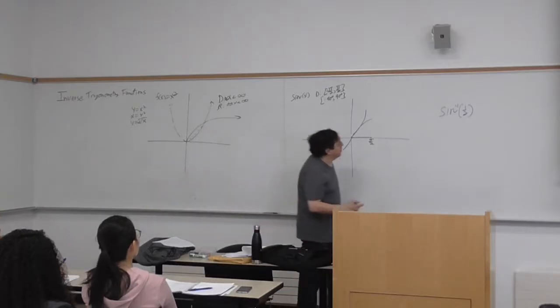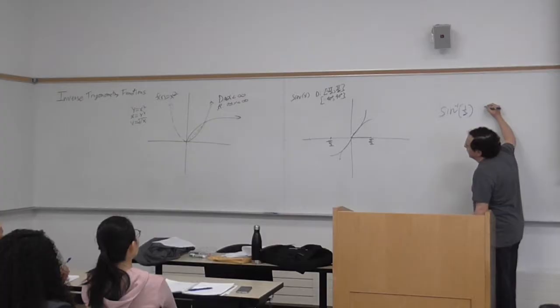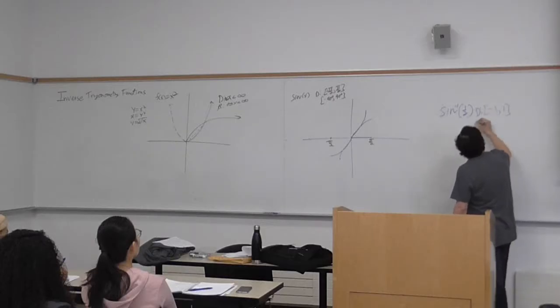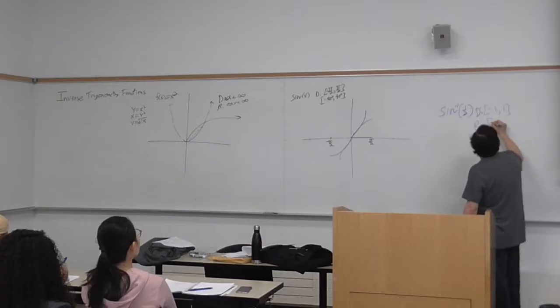So that tells me that my domain on this function is going to be from -1 to 1. But my range is going to be from -π/2 to π/2.